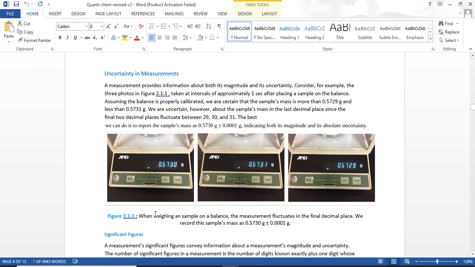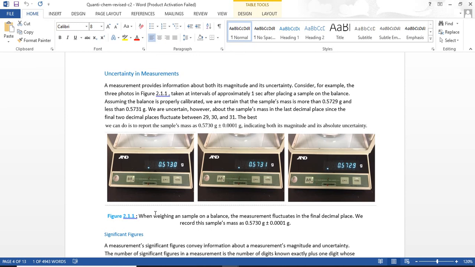Assuming the balance is properly calibrated, we are certain that the sample mass is more than 0.5729 and less than 0.5731. We are uncertain, however, about the last decimal place, since the final two decimal places fluctuate between 29, 30, and 31.